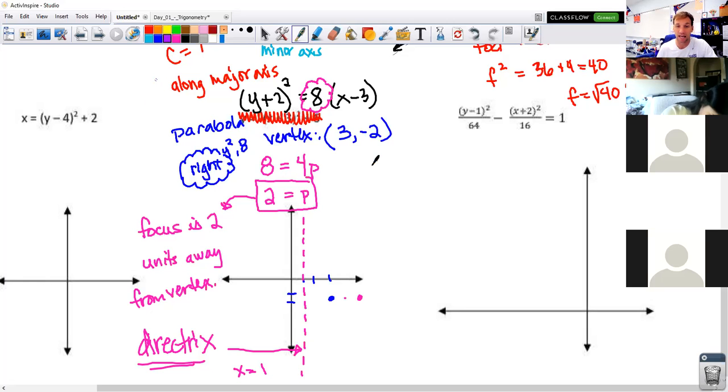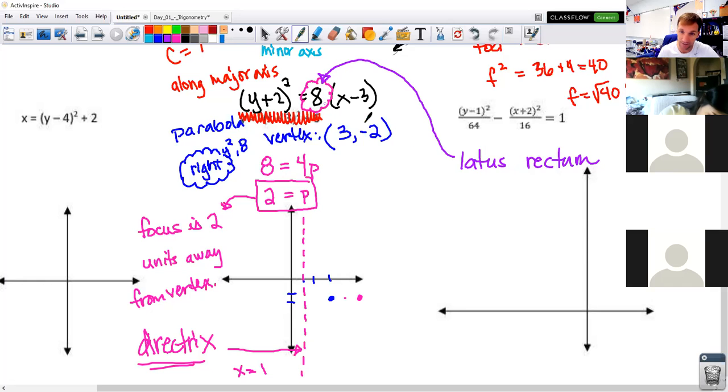Now, the last thing we have to do is plot something called the latus rectum, which is a line perpendicular and fairly longish. This length is your latus rectum. Whatever number is here is going to be the length of your latus rectum. Now watch this.